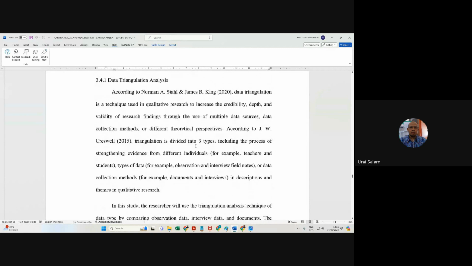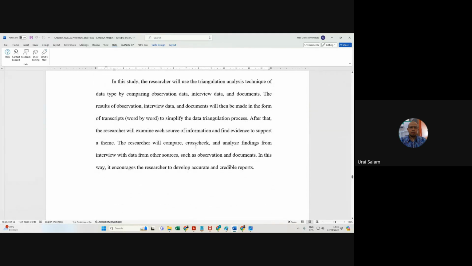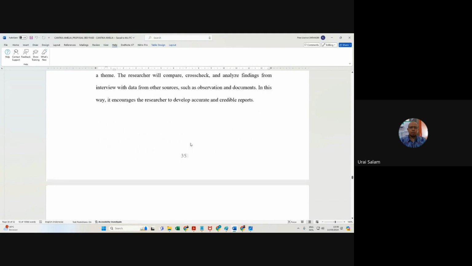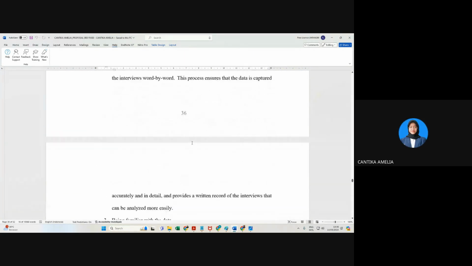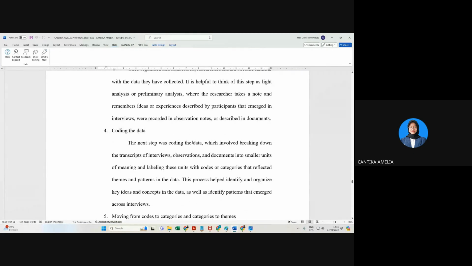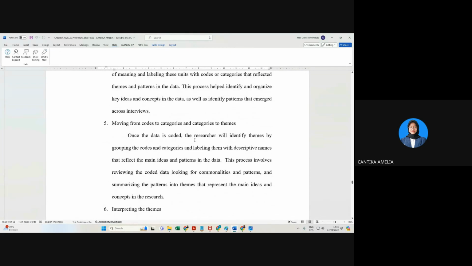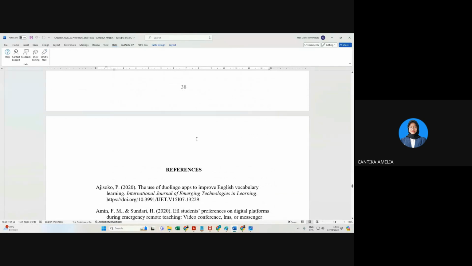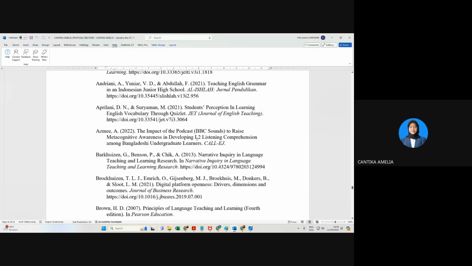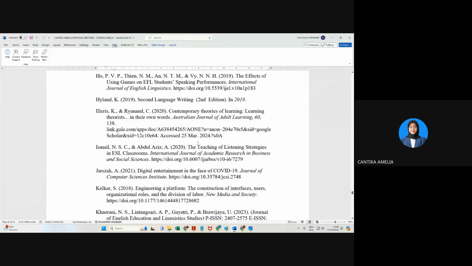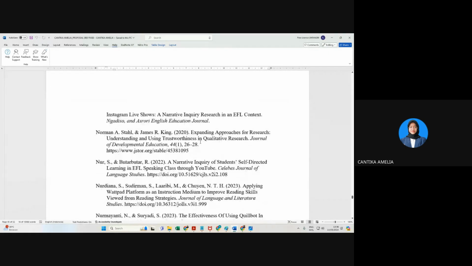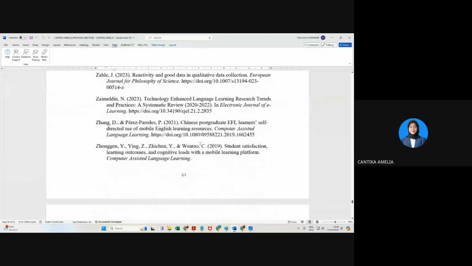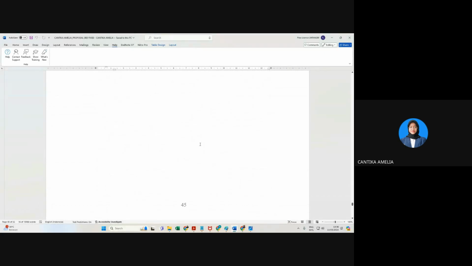Triangulation. I don't know what you mean by triangulation here. Do you know? So I would like to use triangulation if, for example, in the interview, the participant forgot to mention a certain digital platform. So in the observation, she or he has a digital platform that they didn't mention in the interview.